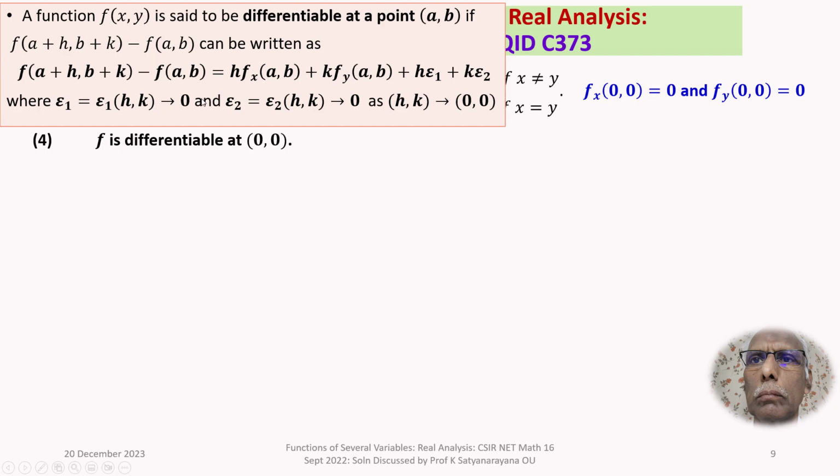We will now get into this definition, and for us a comma b is 0, 0.